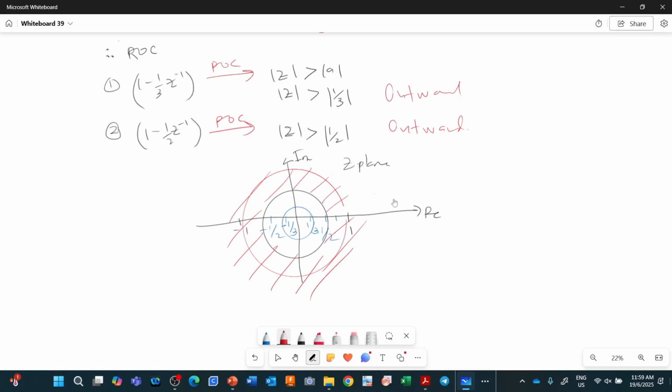So therefore, we are not finished yet. Therefore, the ROC for H(z) is z more than 1 over 2.